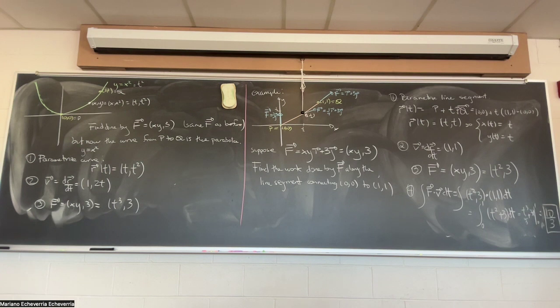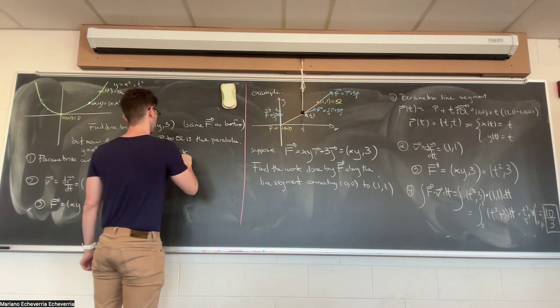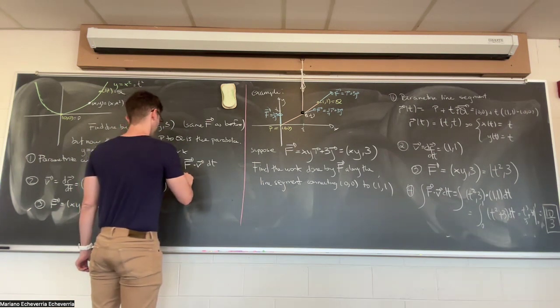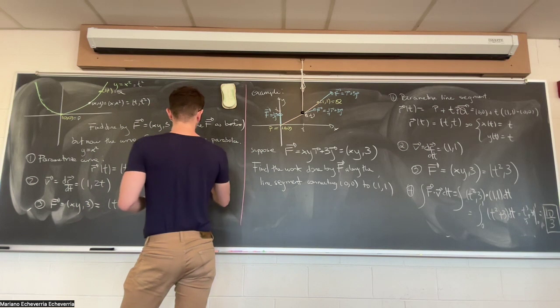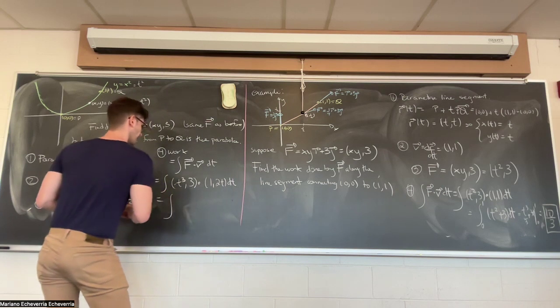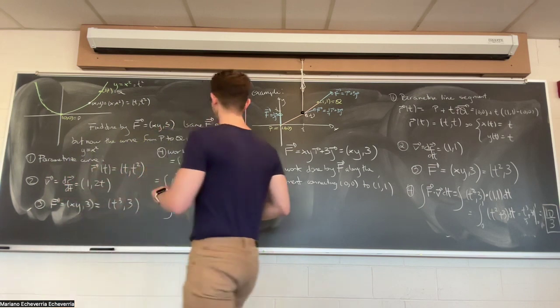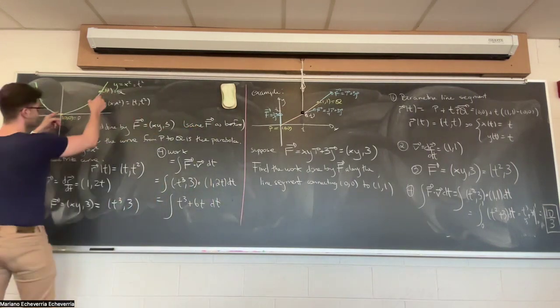And then the work is the dot product between f and the velocity vector. In this case, t also goes from 0 to 1 because those are the values for x along the parabola, connecting these 2 points.